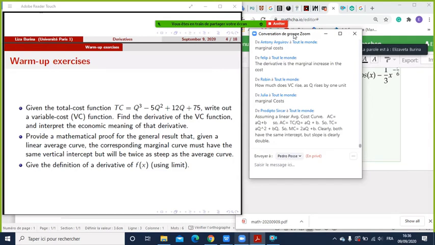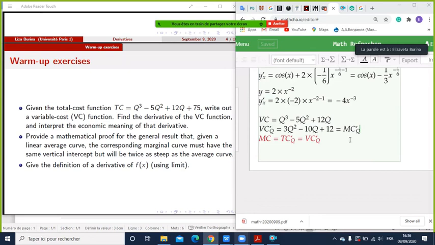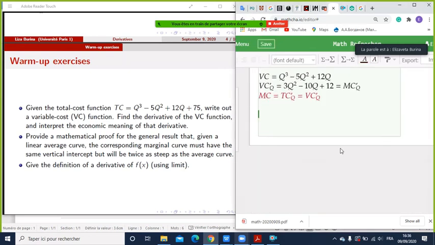So that's perfectly correct. Let me write it with the fractions so it is clearer for those of you who didn't get it. So look, let's start. We see we have a linear average cost curve. So our AC that depends on Q will have a linear form, and you know how linear functions look like.